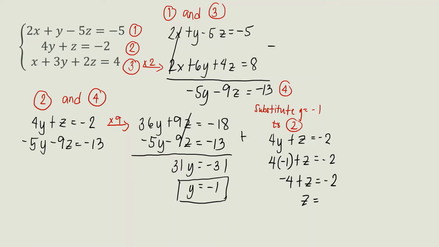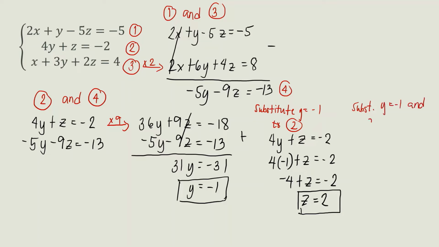So now we got two values. We only need to find x. You can choose from 1 or 3 to solve that. Let's choose 3. So let's substitute y equal to negative 1 and z equal to 2 to equation 3.